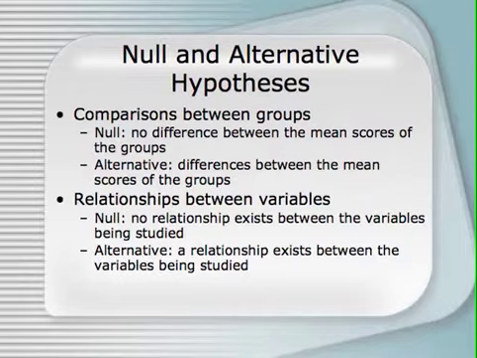An alternative hypothesis would be that there is a difference between the experimental group and the control group on the learning outcomes, right? When you're looking at relationships between variables, the null hypothesis says that no relationship exists between the variables being studied, whereas an alternative hypothesis states that there is a relationship that exists between the variables that are being studied.